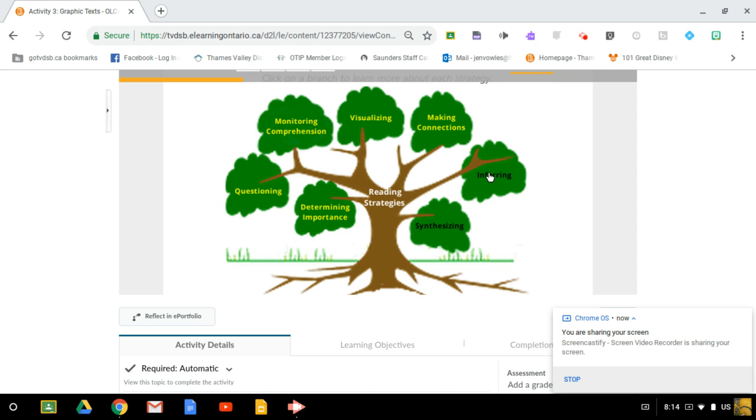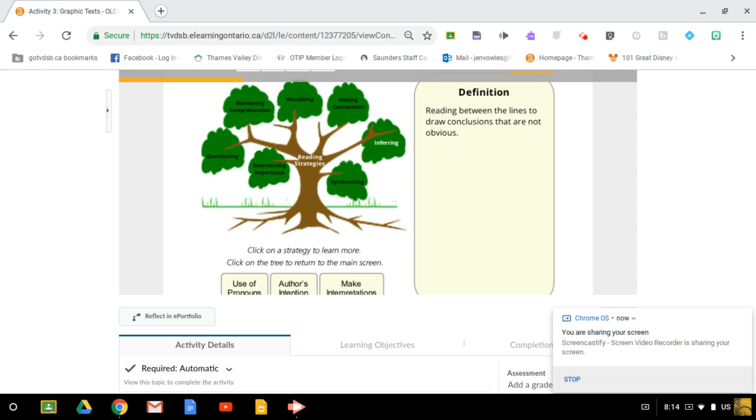Go back here. Inferring, reading between the lines or to draw conclusions that are not obvious. So use of pronouns, author's intention, and make interpretations. So I'm just going to give you a really easy example here.